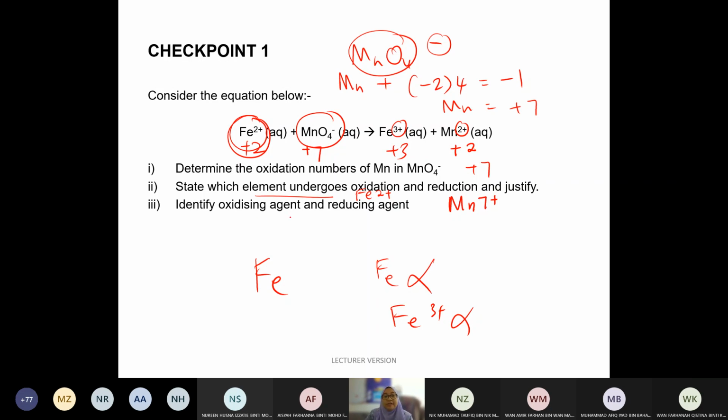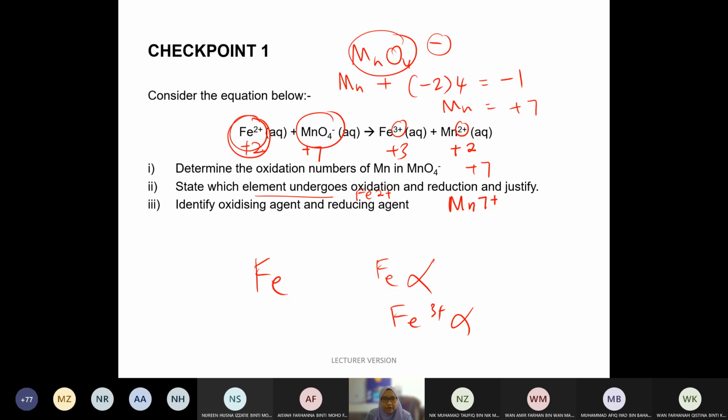Identify oxidizing agent and reducing agent. Ni nak terpening-pening sikit kan. Dia tanya agent. Bila tanya agent, it would be the opposite of the reaction that the species undergoes. Dia terbalik, sebab dia agent kan.